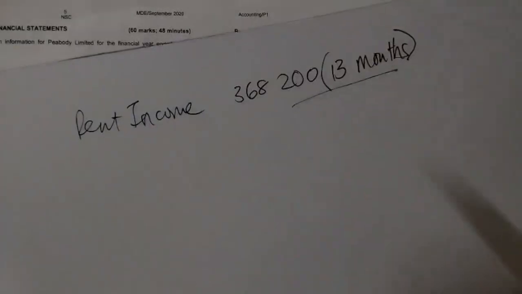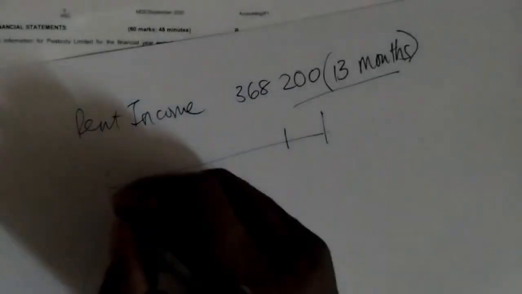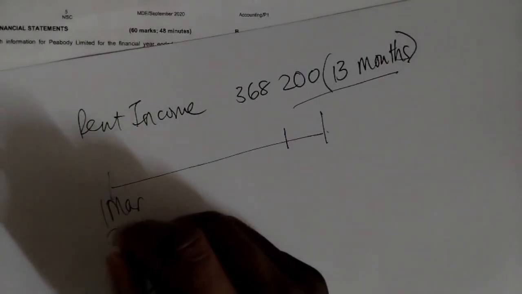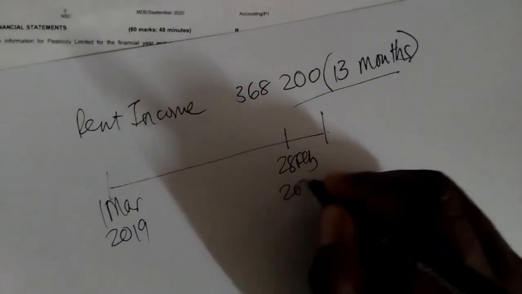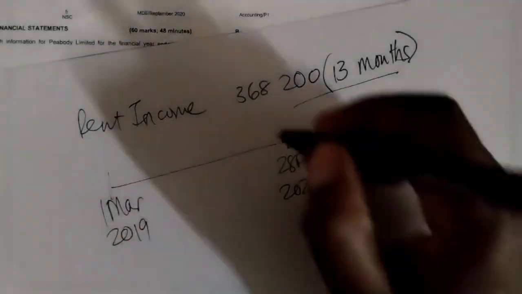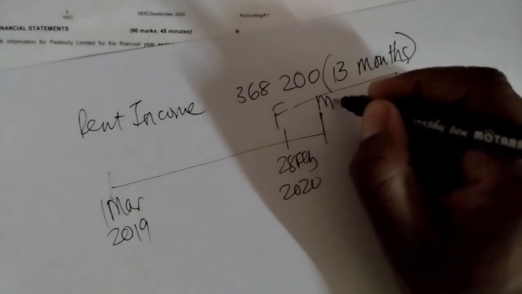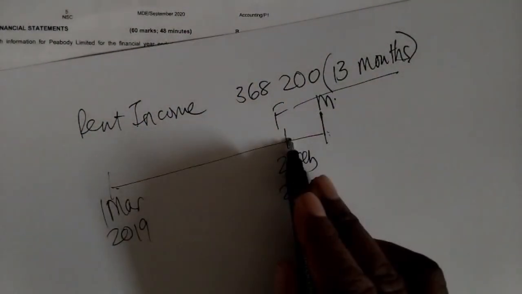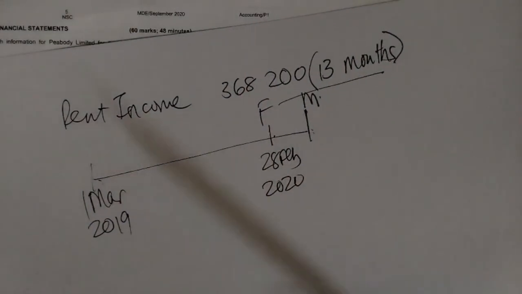So if I put a timeline here, my year starts 1 March 2019 and ends 28 Feb 2020. Then the rent is also paid for the month of March to make them 13. So from here to there, I've got 12 months, and then March is the 13th month.